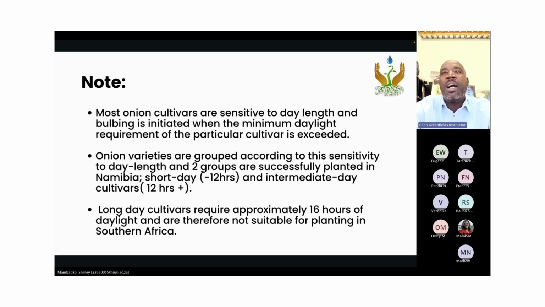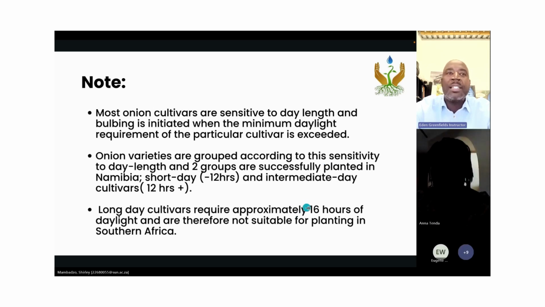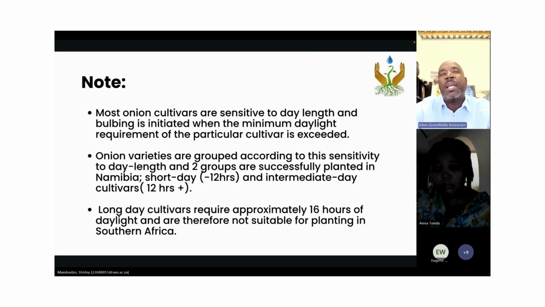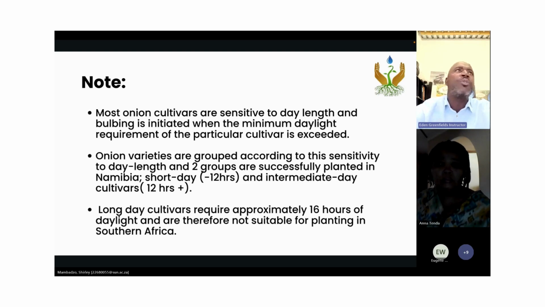Those require approximately 16 hours of daylight. So they are not suitable for planting here in the southern region. So we look at places like Cape Town, for example, and even Walvis Bay. You'll find that sometimes we do have places that might have long days.